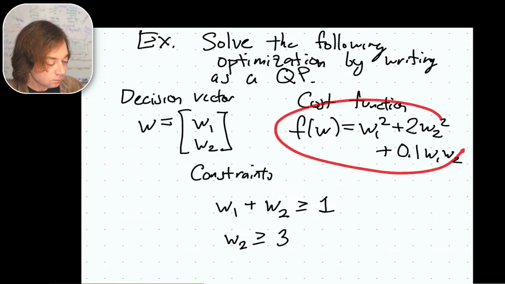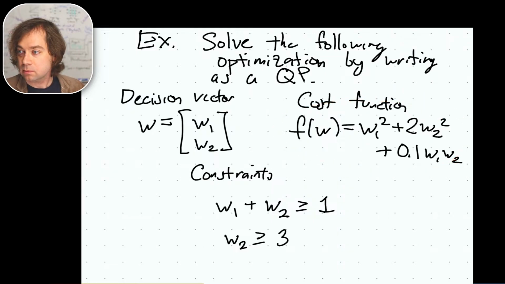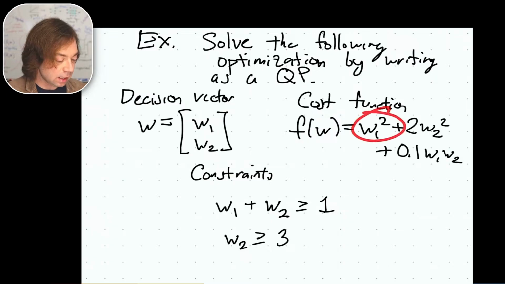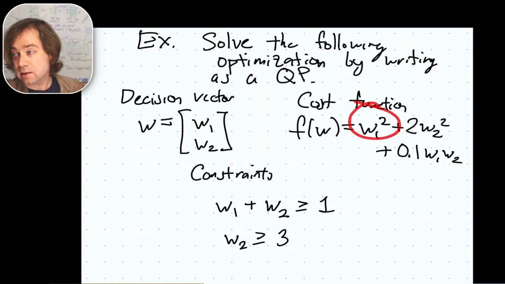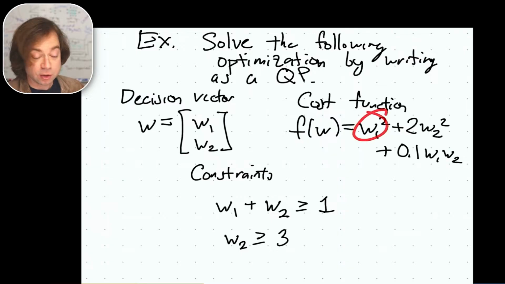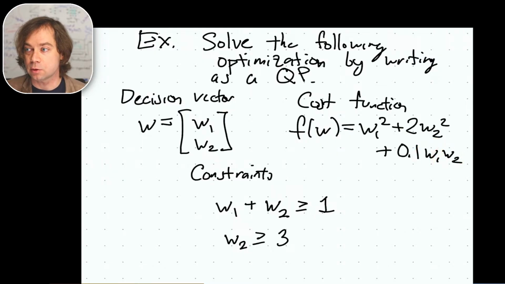Now, that cost function is quadratic. And I'll show you how we know in this process. So we need to write this in a quadratic programming form. It's quadratic. You can see these decision variables, they are squared. Also, it works if you have one decision variable multiplied by another decision variable.